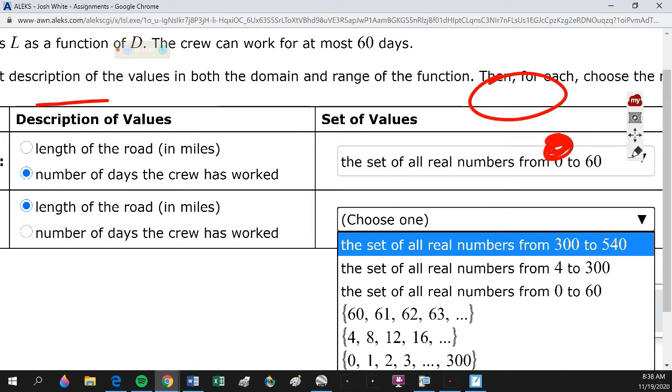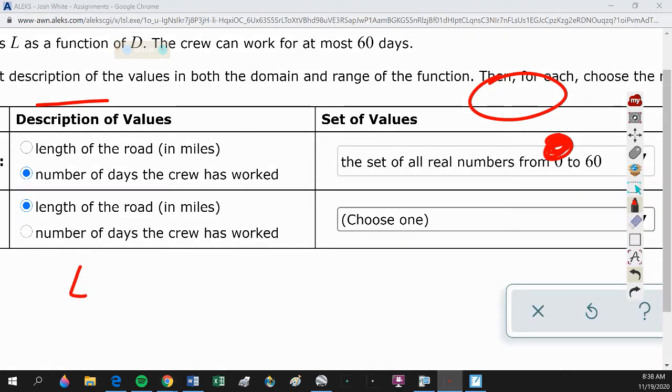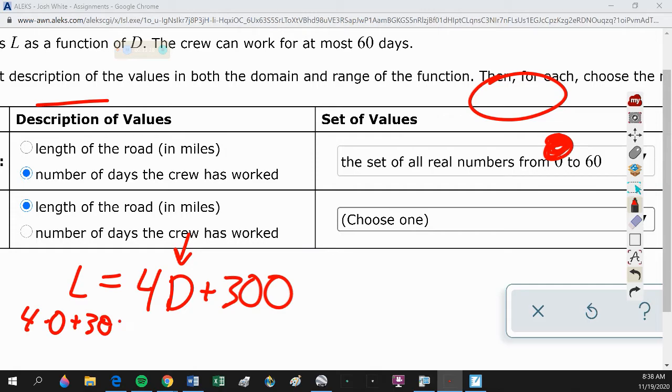Well, let's look. Our equation is L equals 4D plus 300. So what's the smallest number we're allowed to plug in? How many days can we plug in? Up to 60, but we can go all the way down to 0. So let's plug in 0. And I get 300. Okay?